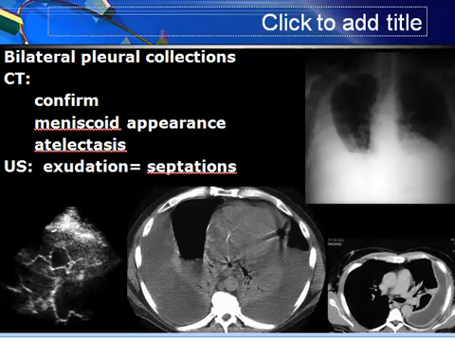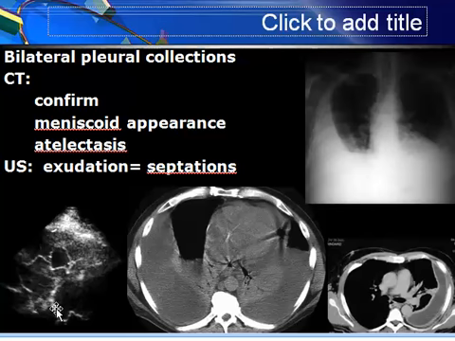Ultrasound is better for showing loculations of empyema. The meniscoid appearance is seen in the chest film, but CT can easily detect it, and CT can also easily detect empyema as thickened split pleura with loculations seen in ultrasound.